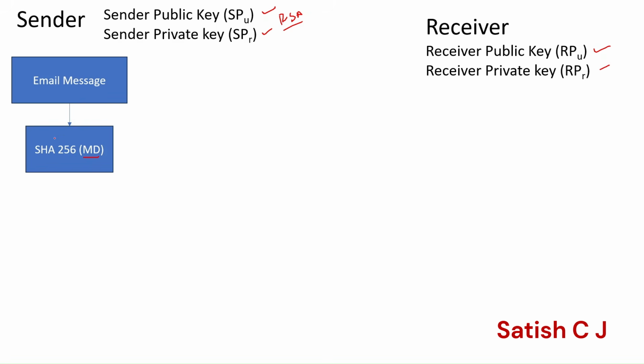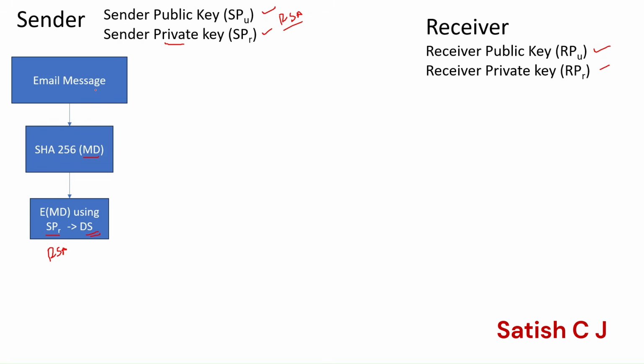Next, we perform encryption of the message digest using the sender's private key. Here again it is RSA encryption. The private key of the sender, denoted as SPR, is used for encrypting, or we can say signing, the message digest. So we create a digital signature by this process.